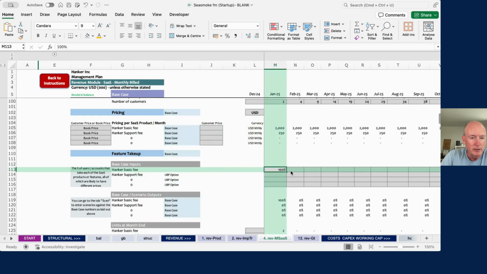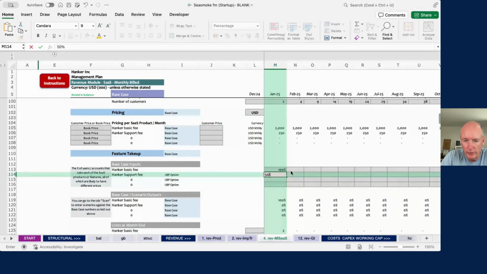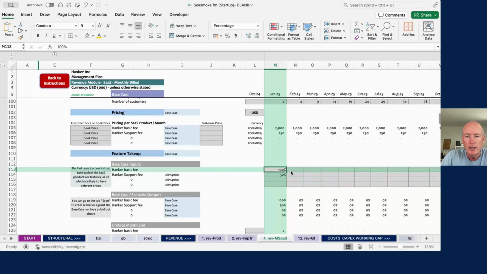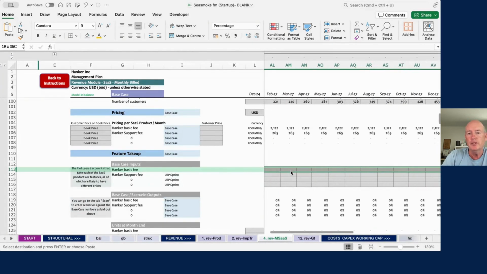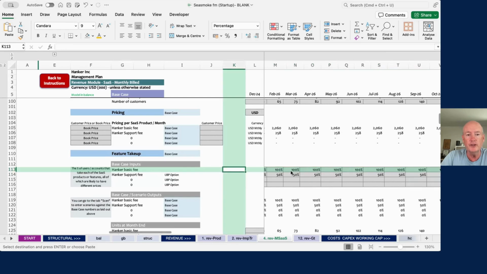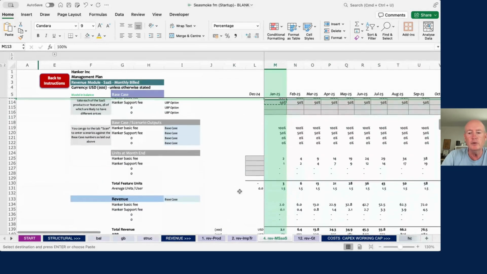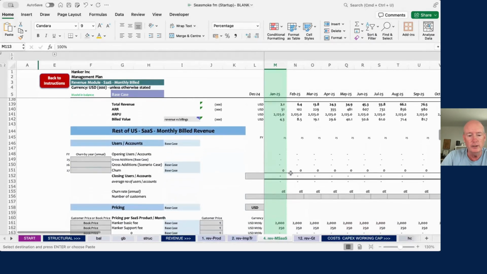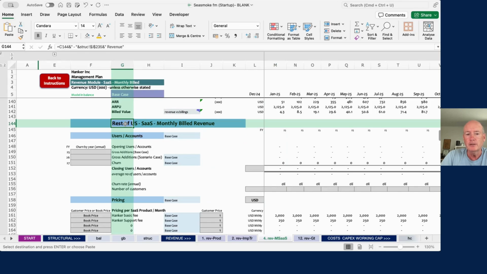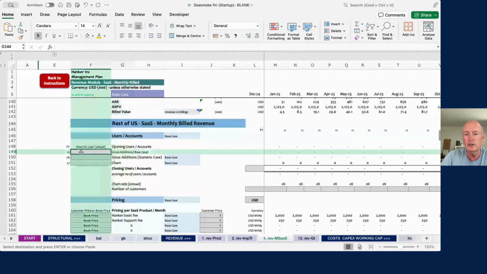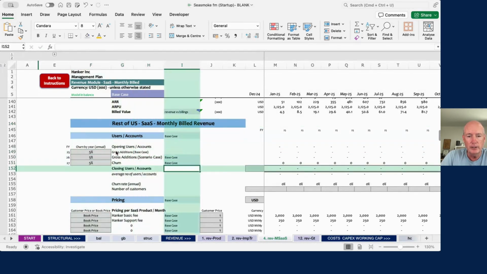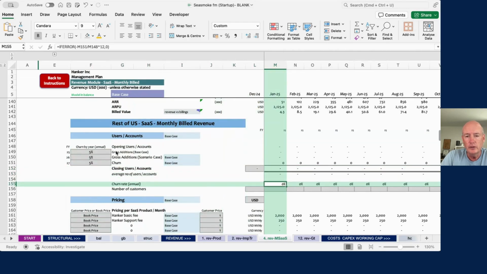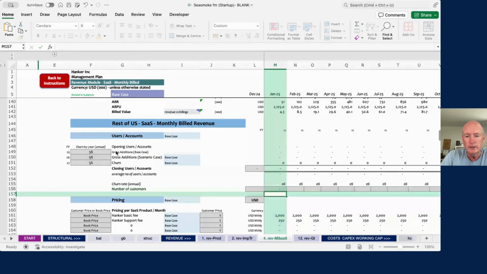Down here, we're using the book price, so therefore there's your 2,000 and 250. And then in terms of feature take up, we know that everybody has to have it, so that's 100% of the users. And then the other thing we said was 50% of the customers will take the support fee. So let's do that. Just copy it across like that. Come down here. There's no users at all from last year, and that's it.